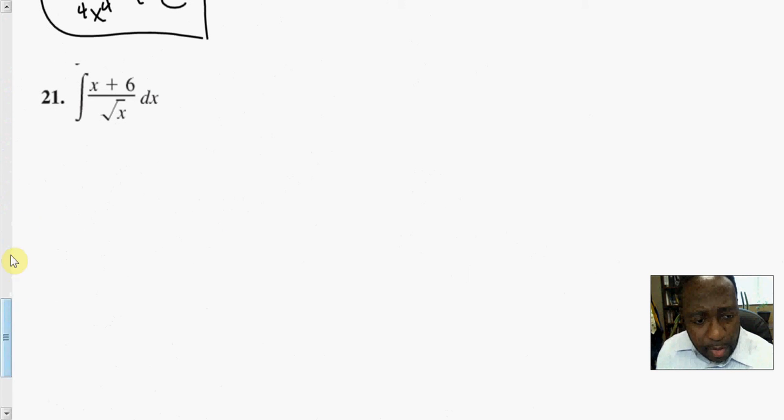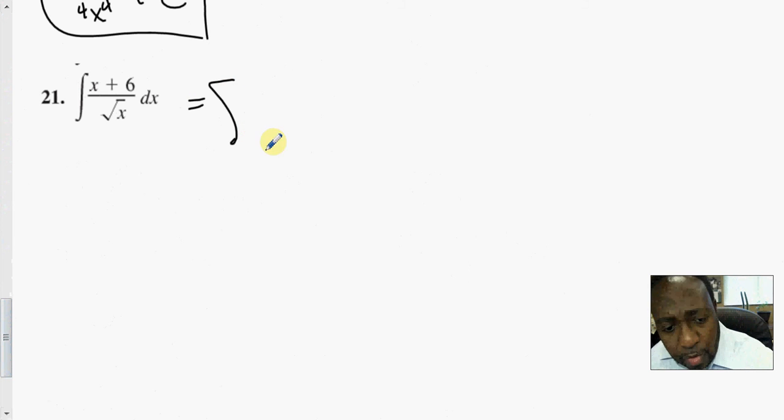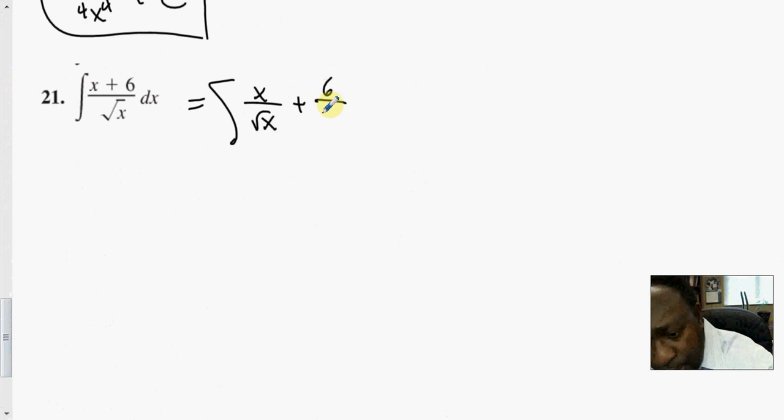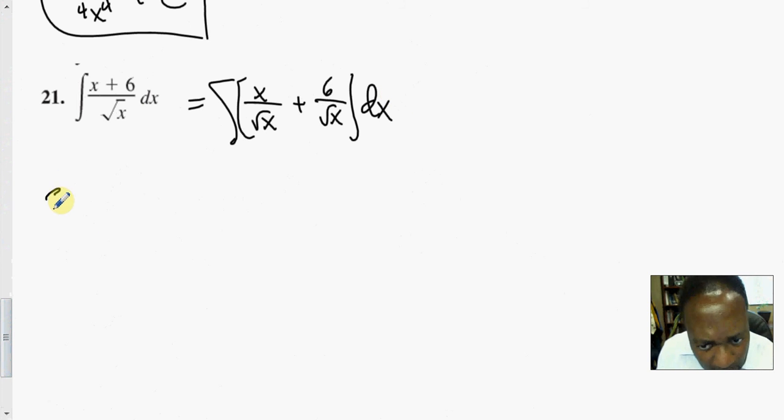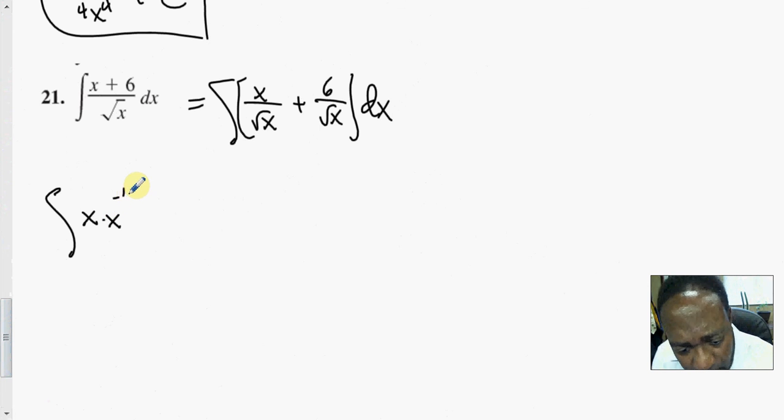We break this one up into 2 parts. This is the integral of x over the square root of x plus 6 over the square root of x dx. Now we understand that this is x times x to the negative 1/2 plus 6 times x to the negative 1/2.